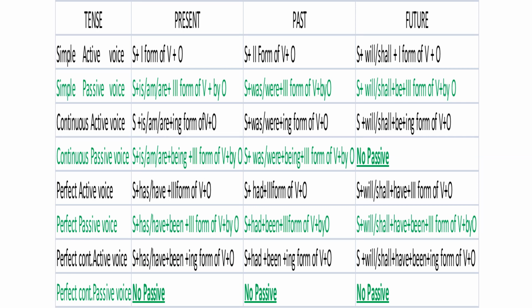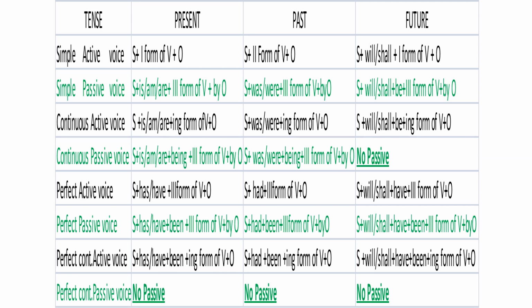So, now I am discussing the past tense. When we have the simple past tense, the structure in the passive voice will be subject plus was/were plus third form of verb plus by object.